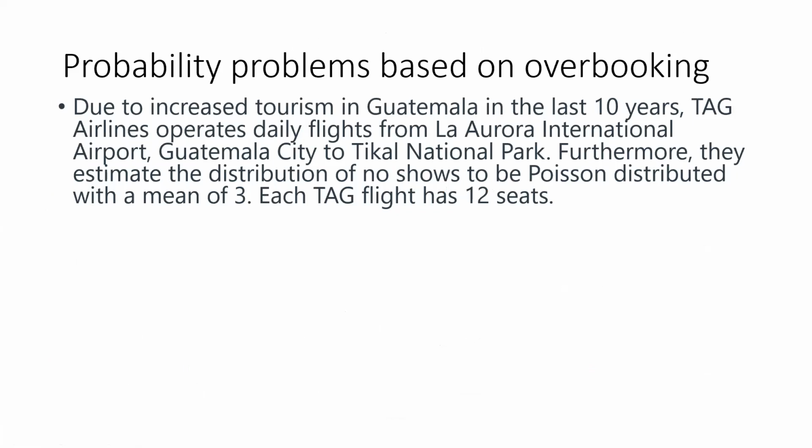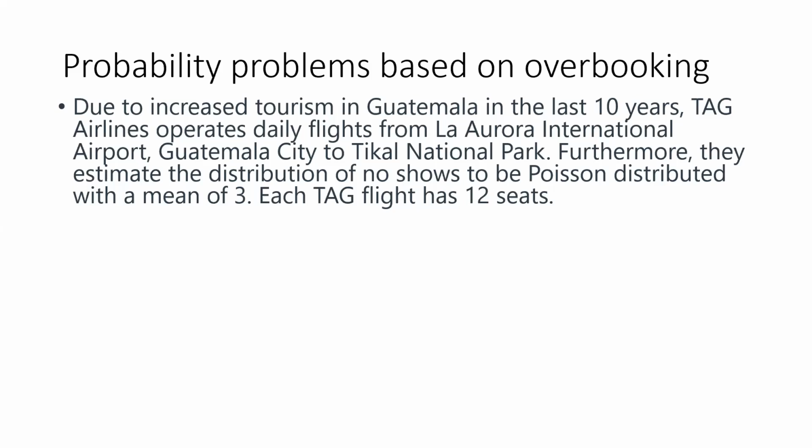Okay, now the probability problem based on overbooking. I think this is the most headache question for you to figure out, at least on the MTCs, and most of the MTCs have customers bumped, and so on and so forth. These kinds of headache questions.